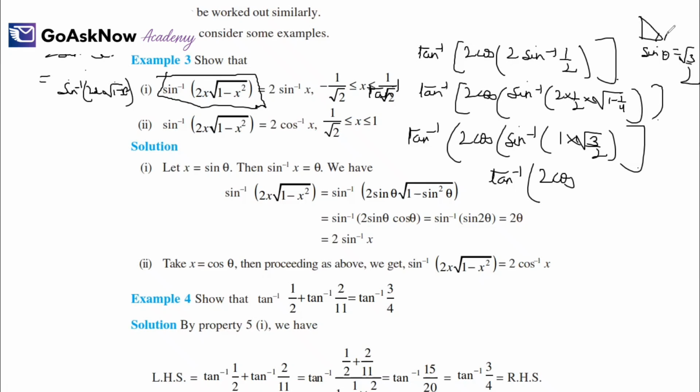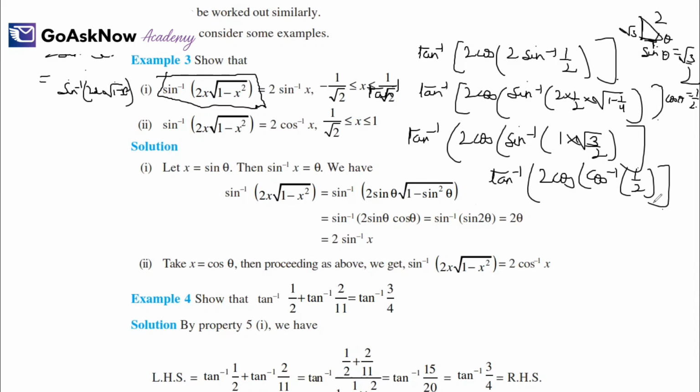This is root 3, this is 2, and this side will be 1 only. So your cos theta will be half here. Substitute here, and you can write it as cos inverse 1 by 2. You can write it like this also.